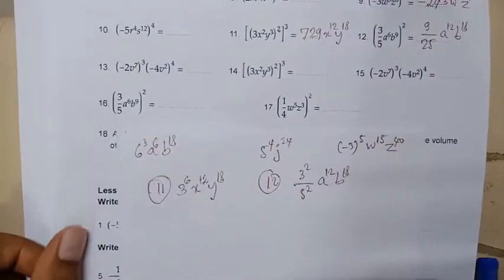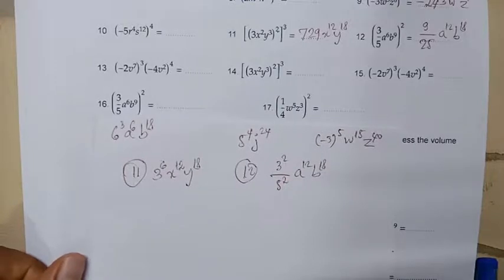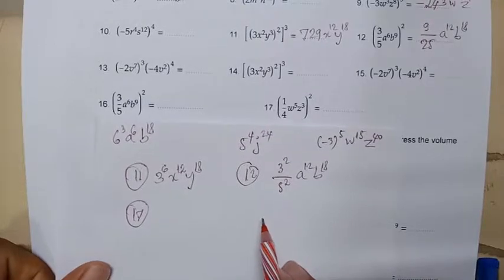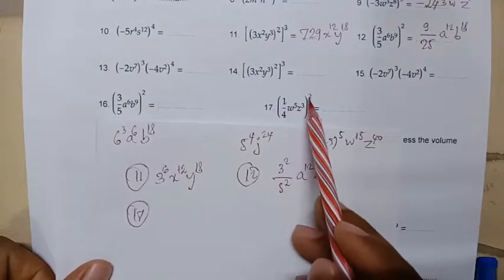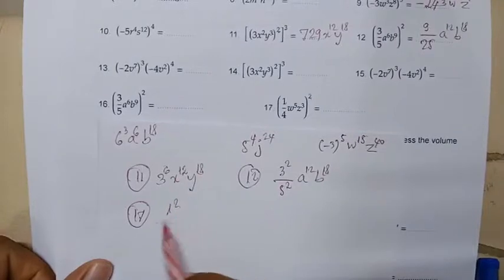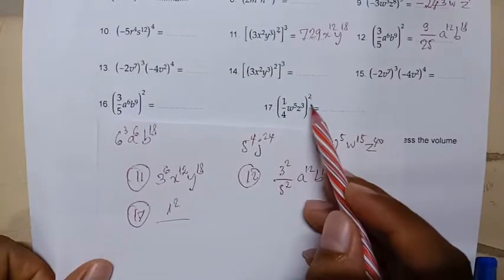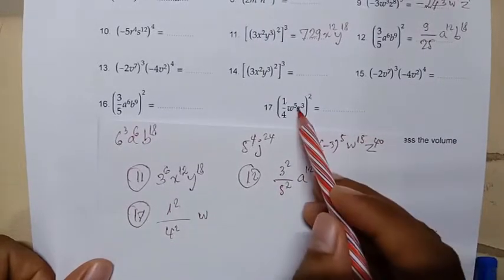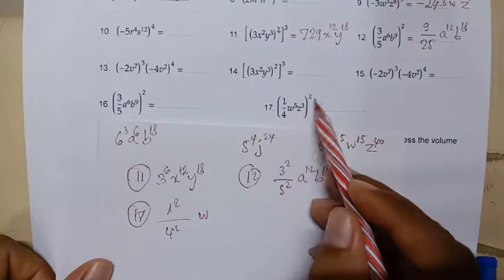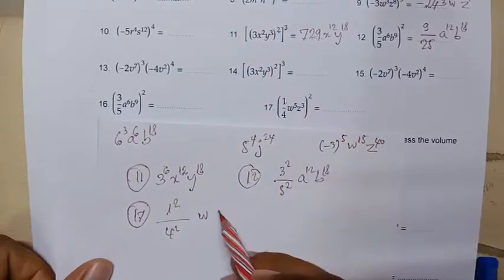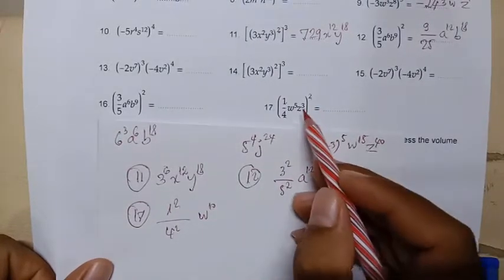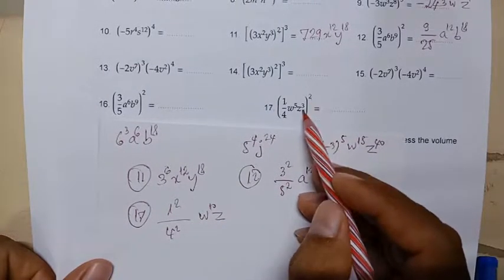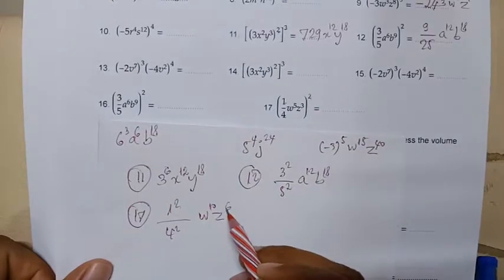Number 17, as you can see, 1 squared, 4 squared, you have w, 5 and 2, so multiply together, you have w raised to 10, z, 3 and 2, you multiply together, z raised to 6.